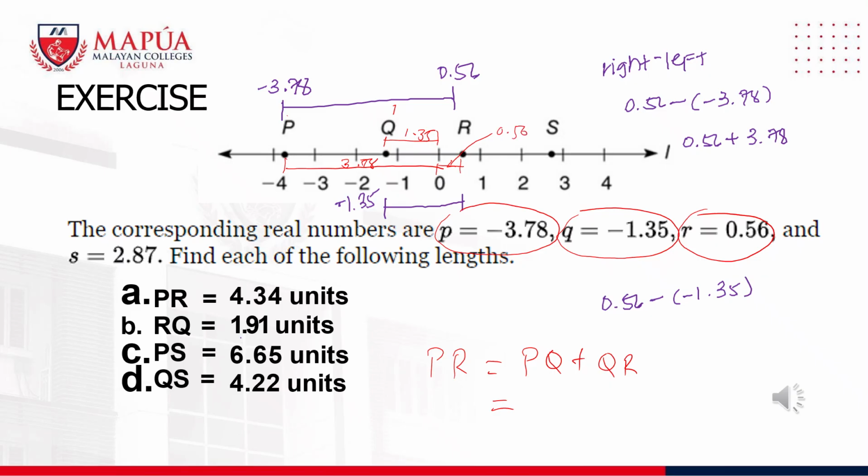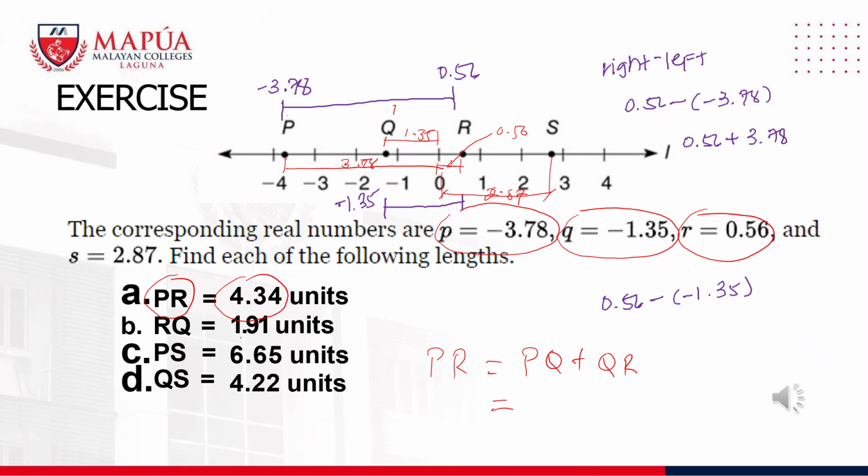And then we have S from 0. This is our S. This is 2.87. So to find the distance from P to R, PR, where did you get this?